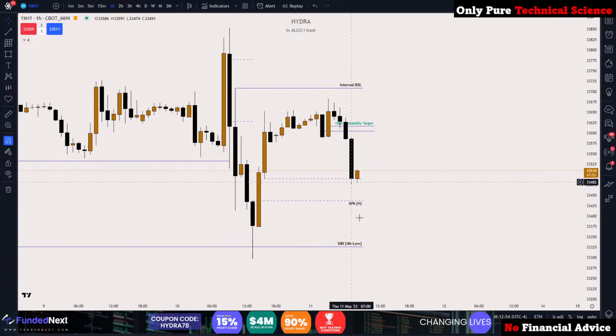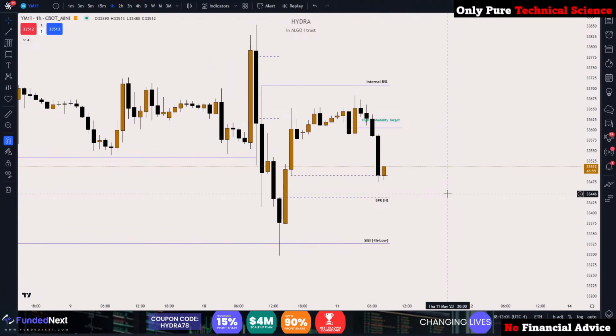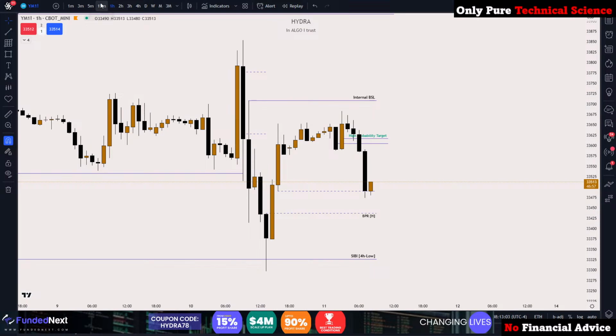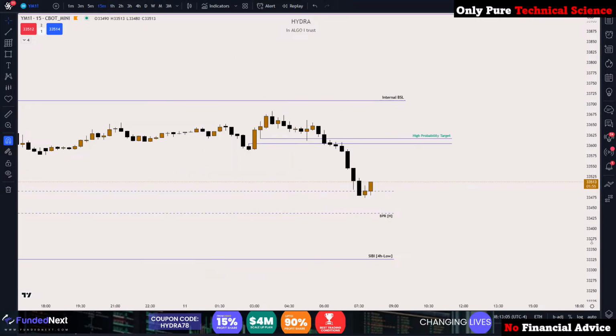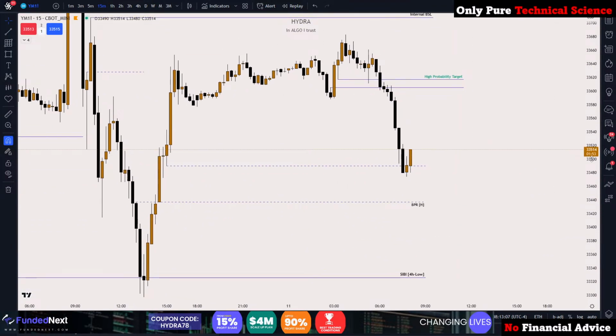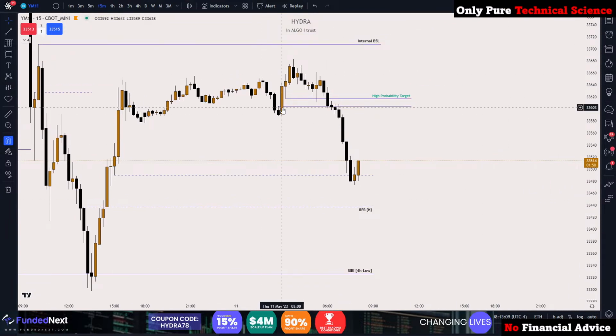On YM you can see the price came down overnight, and now it hit this fair value gap, this BPR. And do we have a target towards the buy side liquidity? Yes, we do have a high probability target that I marked here, this failed fair value gap that will work as inversion. At least I want to see it working as inversion, or we can target up here.